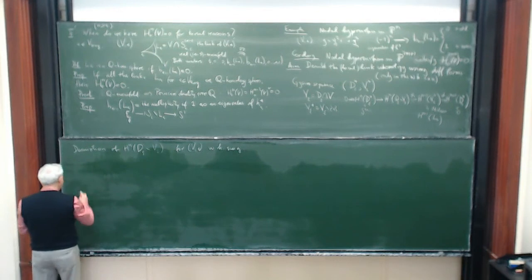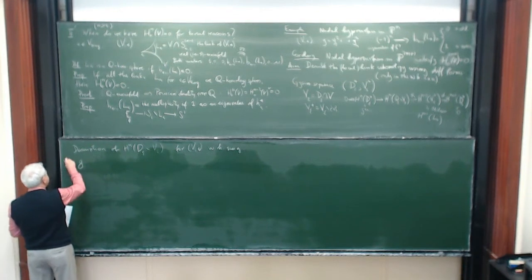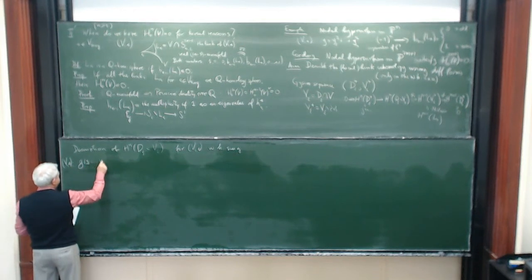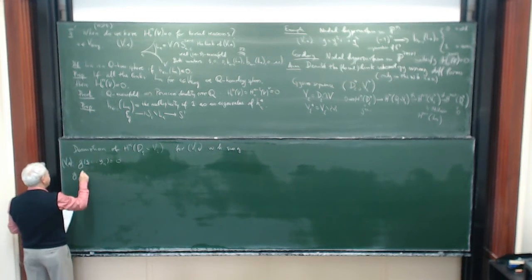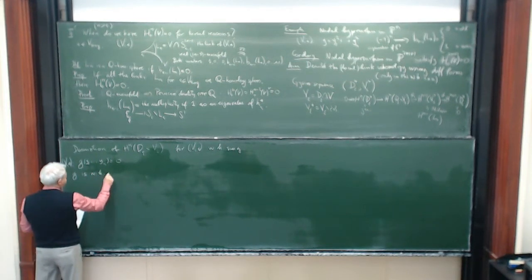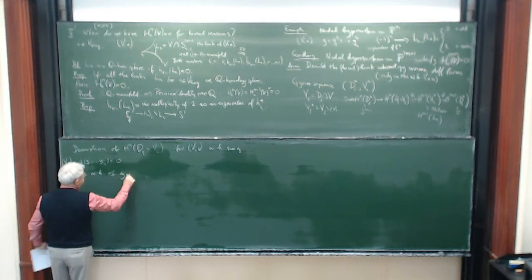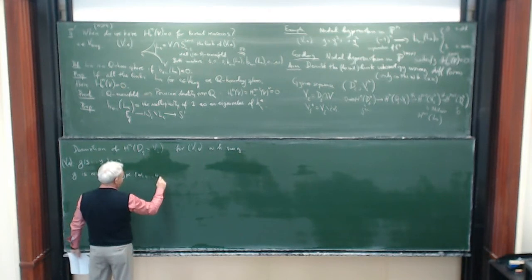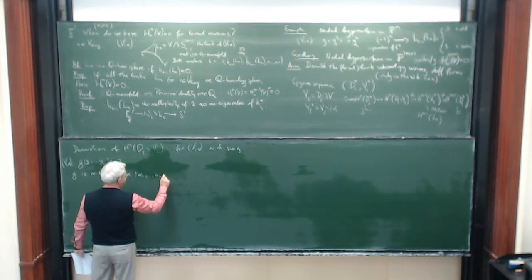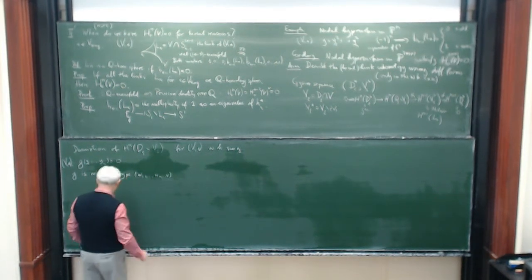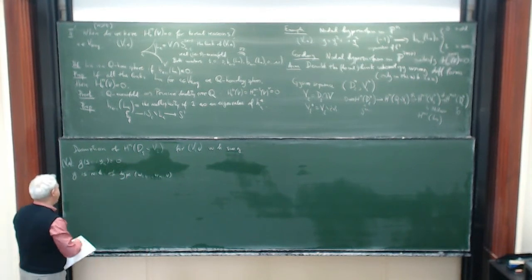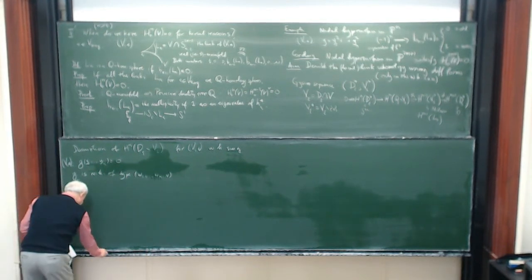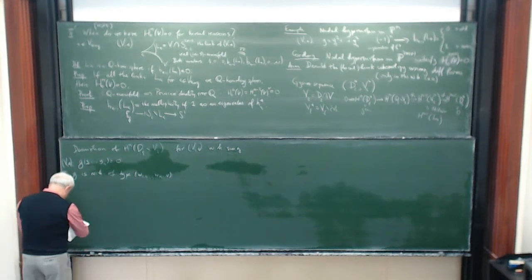And so I will suppose that this germ is defined by a polynomial as before, and I assume that g is weighted homogeneous of type (w1, ..., wn, N), and all of these are integers.